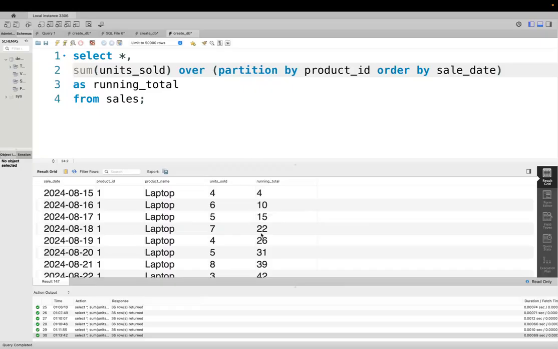Now, what if I need to have a moving window of 3 days rather than saying from the start till that point? For example, when I said 26 here, that means from the starting till this row, the sum is 26. But what if I do not want the sum from the starting, rather I want a moving window of 3 days?